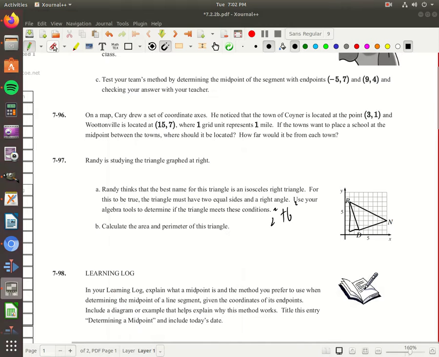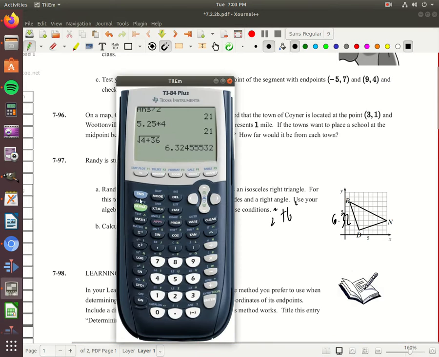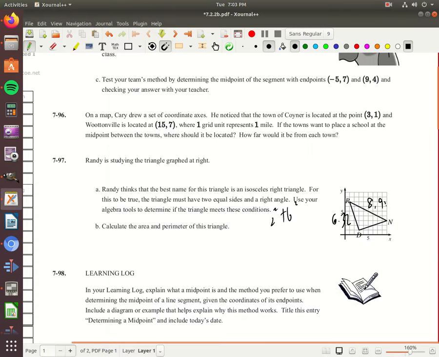So I know that this length is 6.32. I know that this length is 1, 2, 3, 4, 5, 6, 7, 8, and 1, 2, 3, 4. So it's going to be the square root of 8 squared, which is 64, plus 4 squared, which is 16. That's going to give me 8.94, so this is 8.94.